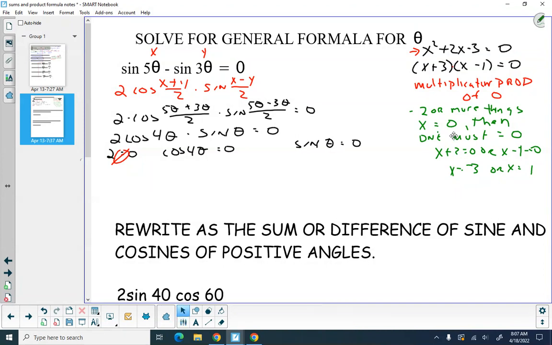But we have the next one, cosine of 4 theta is equal to 0. We need to solve for theta. Got to get rid of cosine. How do we get rid of cosine, Vanessa? Inverse cosine. So we take our inverse cosine of 0. You get what, Jaden? 90.